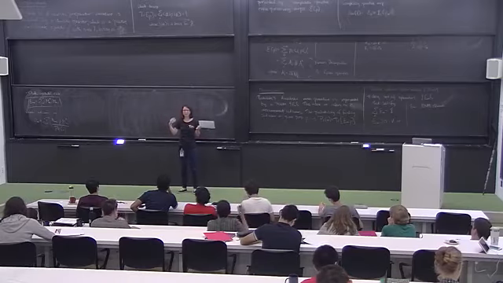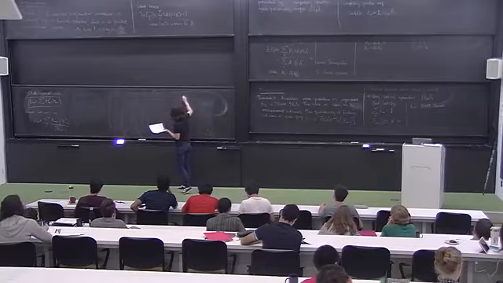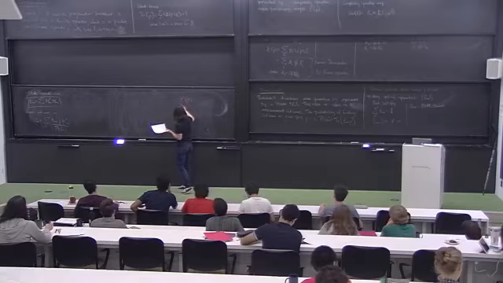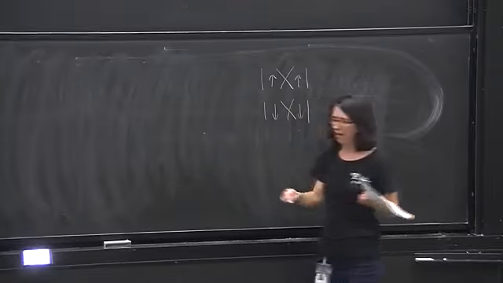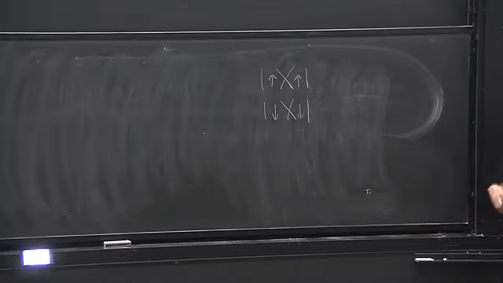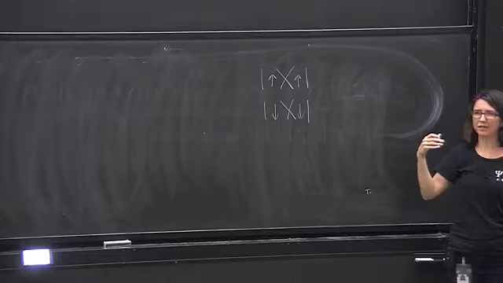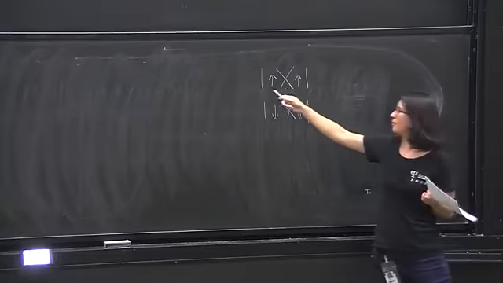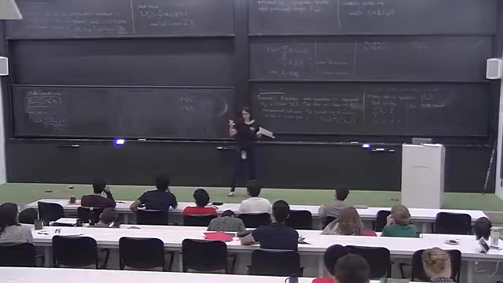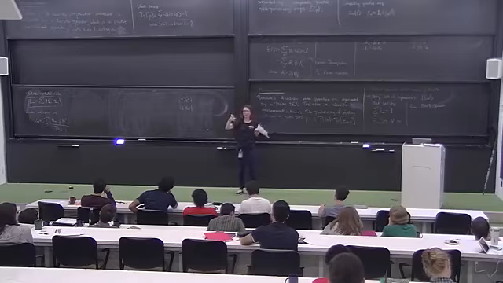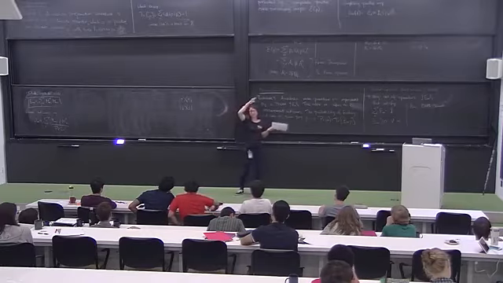You could do some sort of projective measurement where the projectors are something like this. I don't actually know how you would implement this particular measurement, but you could imagine some measurement that, given outcome up, is going to project the spin half system into the state up, and then you can do something else with it.